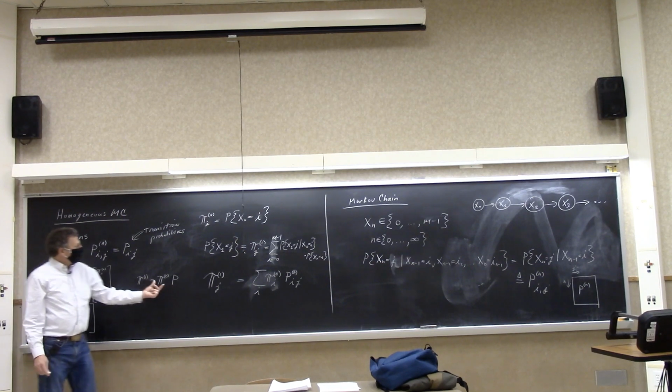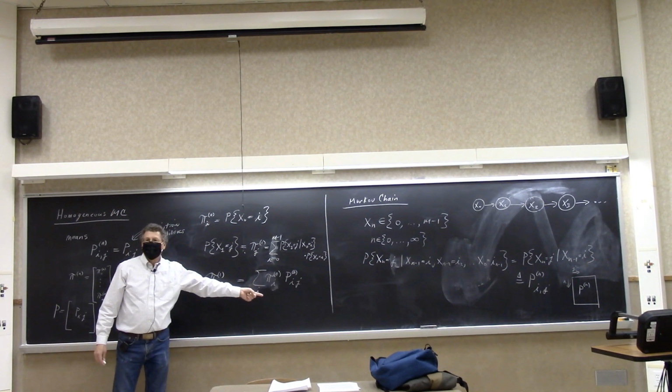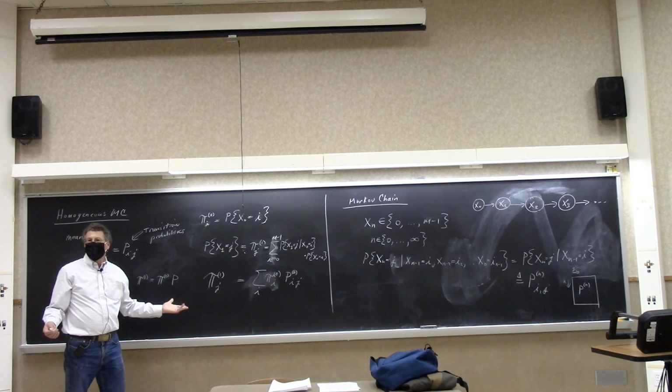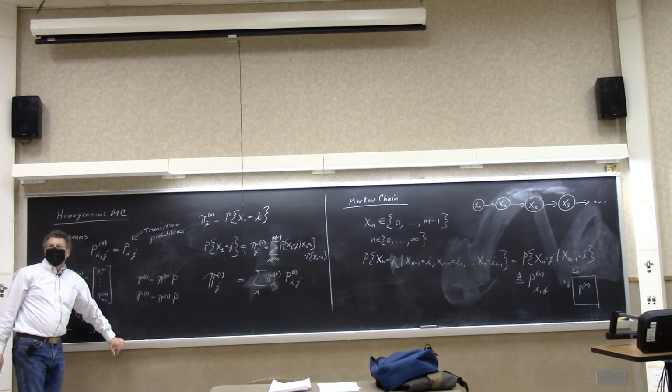So the vector-matrix multiplication is exactly the sum. So that's good, right? Now pi 2 is equal to pi 1 times P, right? Because it's the same deal. Does everybody see that?